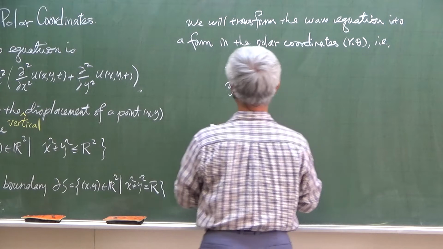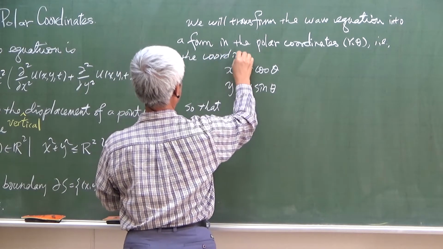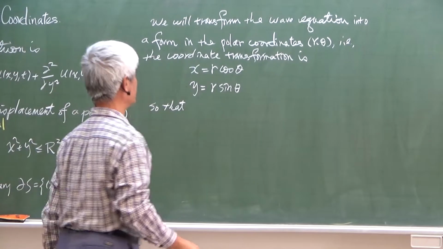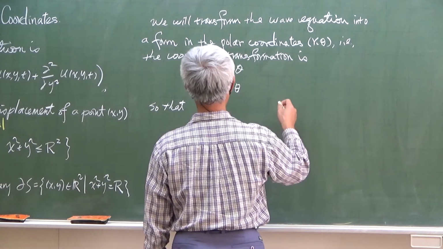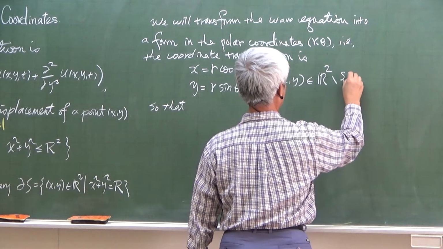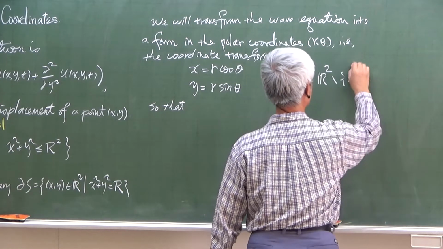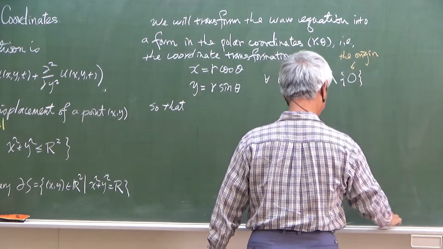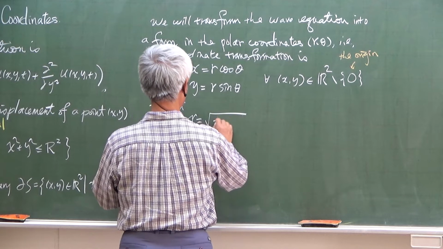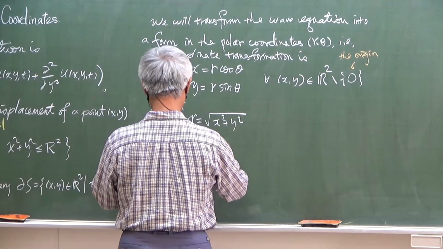So that the coordinate transformation is defined for all (x, y) minus the origin. And r and theta are as I said.